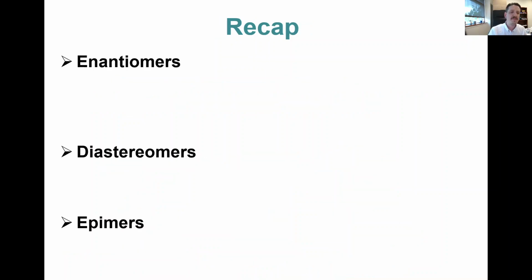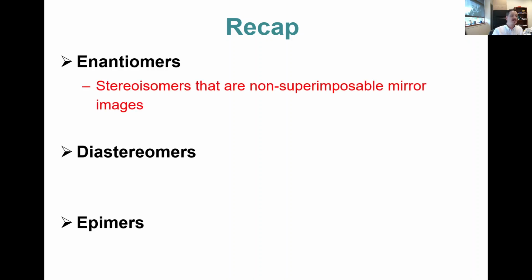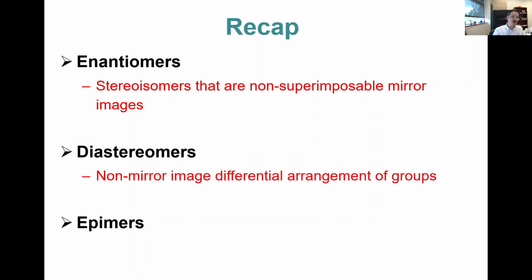So to recap, enantiomers are the stereoisomers that are non-superimposable mirror images. Diastereomers are non-mirror image differential arrangements of groups. So an enantiomer is going to be the mirror image, the D versus L around the carbon before last.